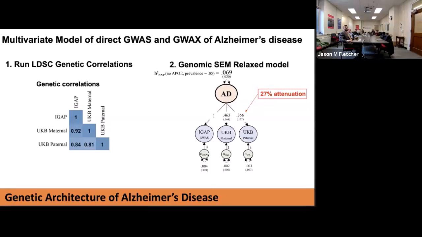But yeah, definitely there can be systematic sources of bias in the attenuation coefficients that are different for maternal and paternal proxies. And I think that's an interesting question that could definitely be assessed by incorporating other traits within the genomic SEM model to see how they relate with the residual variances and with the latent factor itself.